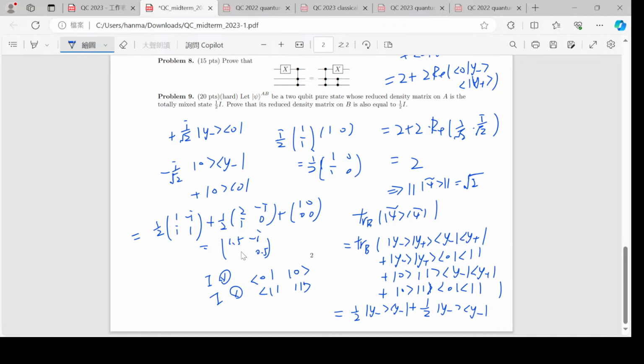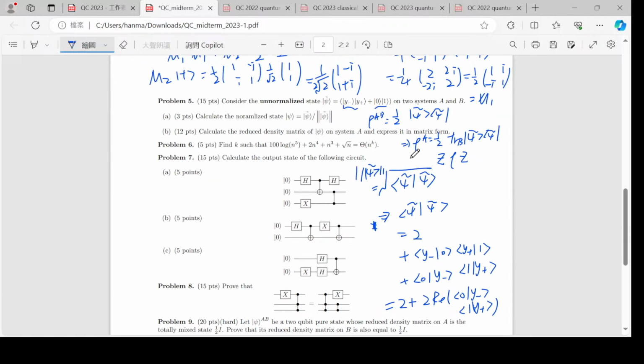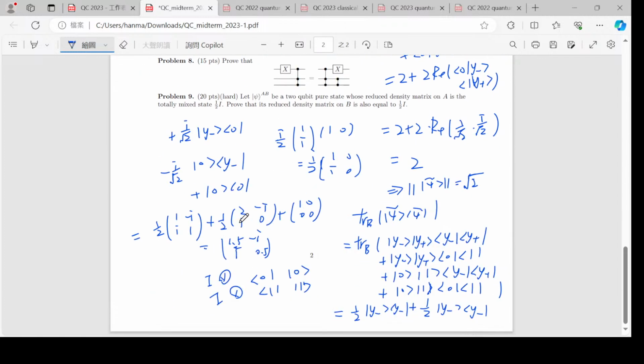It's minus i and i here. Okay, and so it looks Hermitian and it looks positive, and also its trace equals 2. So the whole thing you divide by another 2. Okay, so actually the number looks okay-ish.